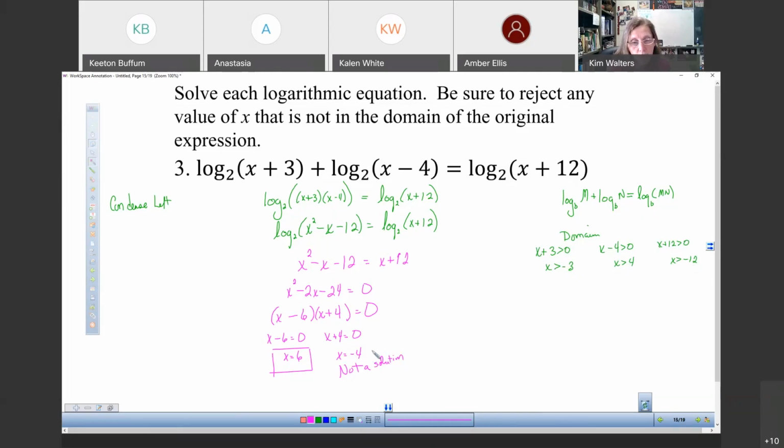So we have to reject this value, and we can even make a note. Reject because it is not greater than -3 or greater than 4, okay? So it has to fit all of these. So the only solution to this one is 6.